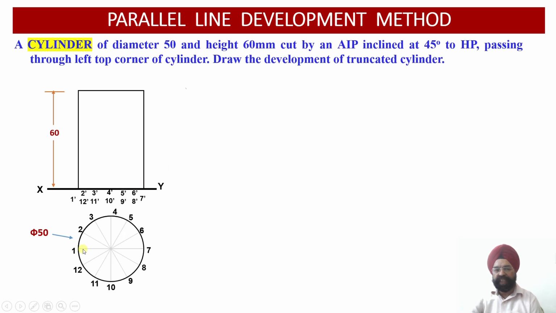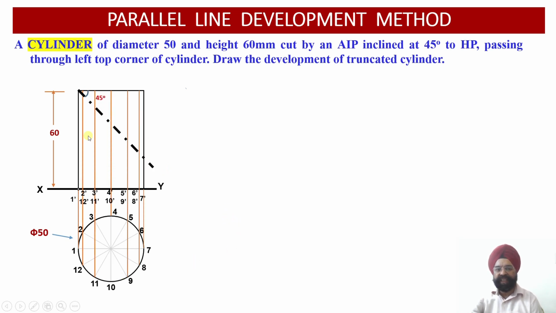Now all these projectors we are going to draw. So please check, this is our cutting plane. These are all the projectors through all the points, right? So 12 points are there. Outermost there will be 1 point each, and on the inner projections we have 2 points each.